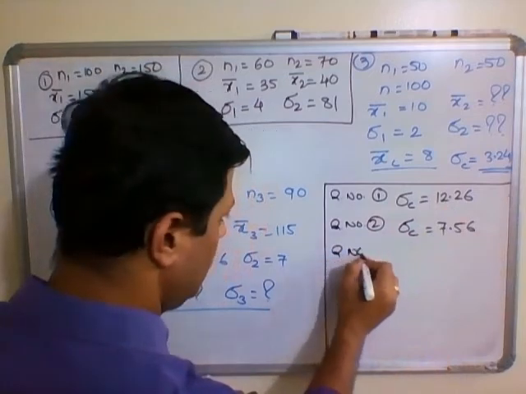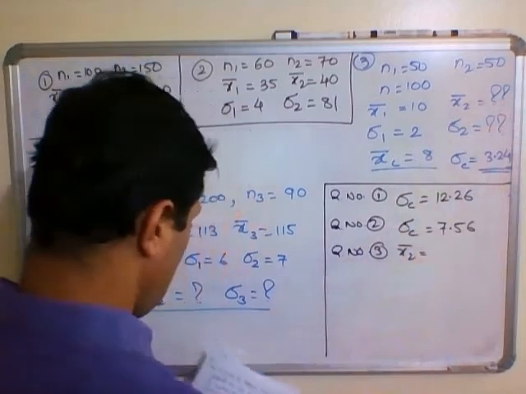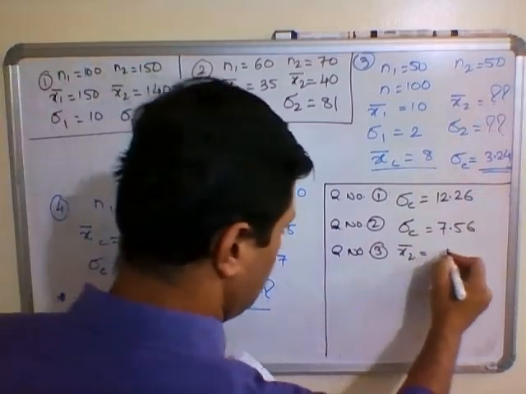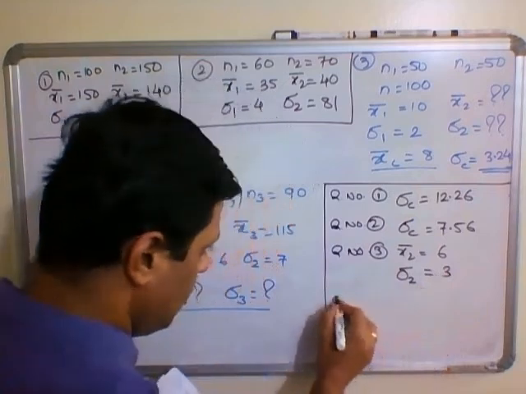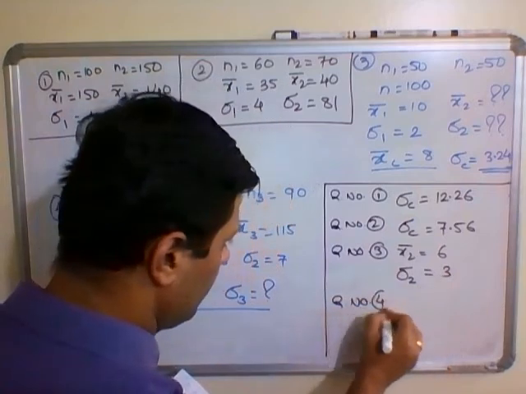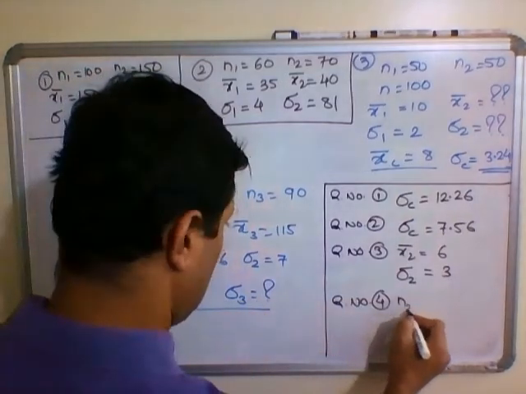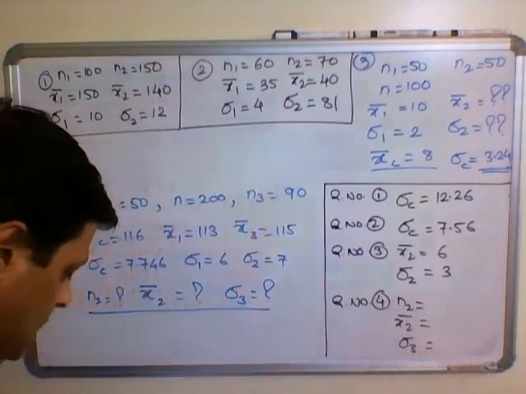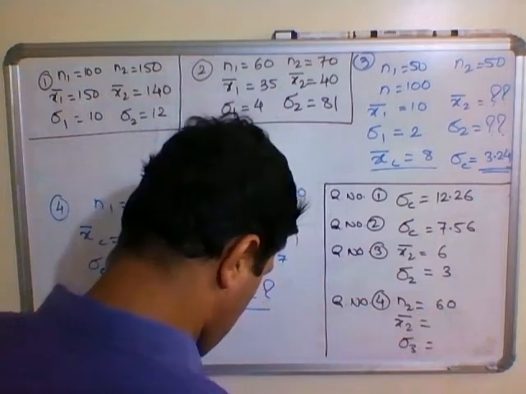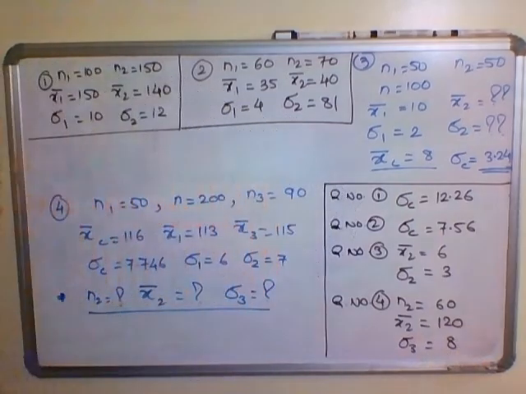Now question number 3, here your job is to find these two: x2 bar, the average of the second data set, should be 6, and the standard deviation of the second data set should be 3. Now question number 4. You had 3 unknowns: n2, x2 bar and the standard deviation of the third data set. n2 should be 60, x2 bar should be 120, and the standard deviation should be 8. So these are the answer keys for you to refer.